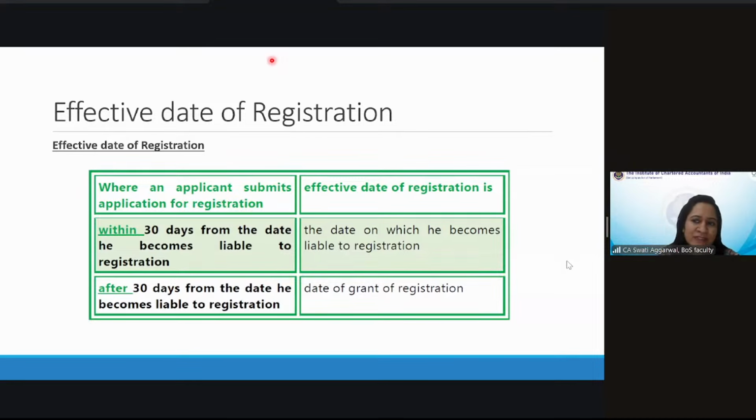Most of the times, if you see the past pattern, there is a question on this topic, either in the multiple choice questions or in the descriptive analysis based questions. So it is very important that if an applicant submits an application for registration within 30 days from the date he becomes liable to registration, then the date on which he becomes liable is the effective date. And if he submits the application after 30 days, then the effective date is the date of grant of registration.